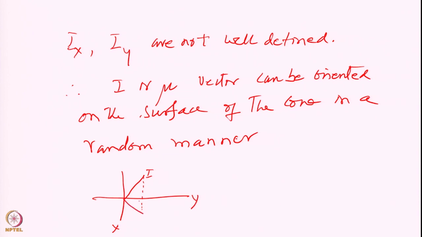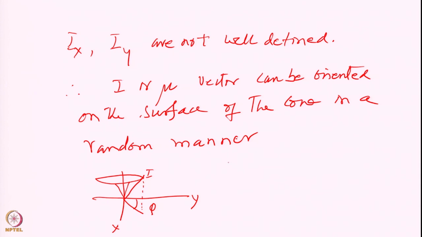If this angle is a particular value, let us say phi, I am taking the cone like this. Now this angle will be different depending upon where I have my vector on the cone surface, whether it is here or here or here, it will have a different angle in the xy plane.